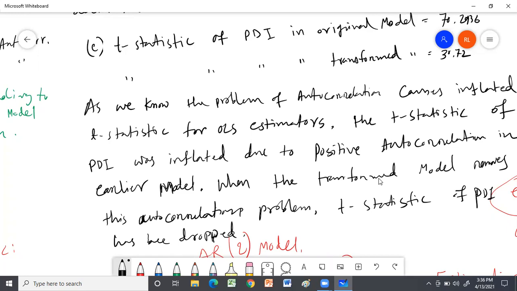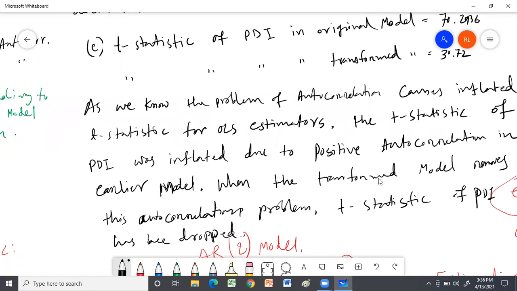Okay, when autocorrelation problem was removed in the transform model, then as a consequence of removing autocorrelation problem from the model, the t statistic of personal disposable income has been dropped. That is what we can suggest. Is that clear to everyone? Yes, sir.